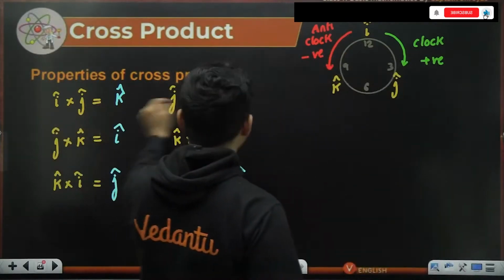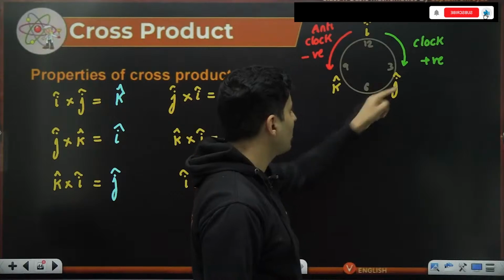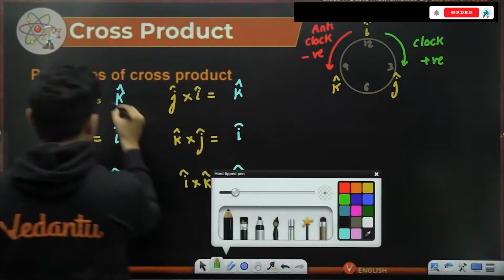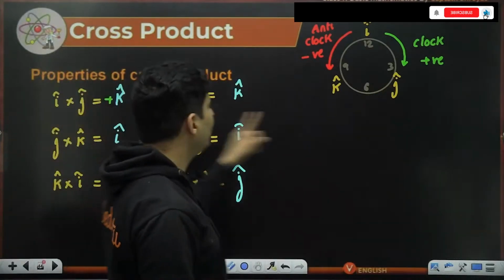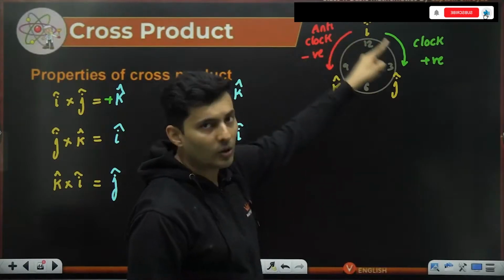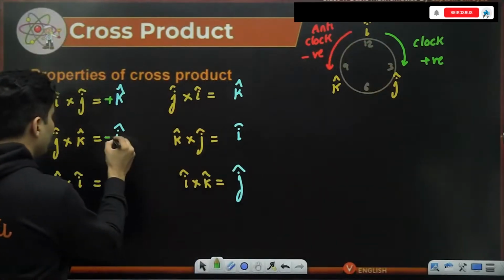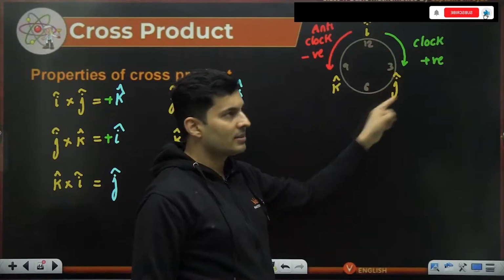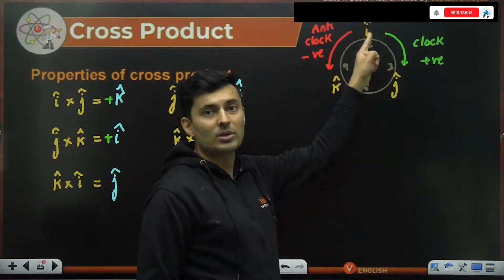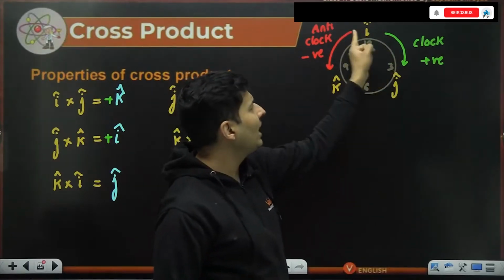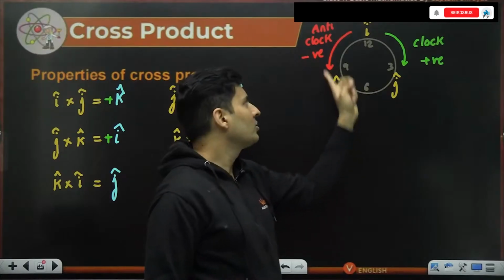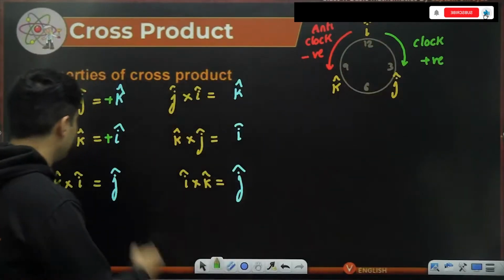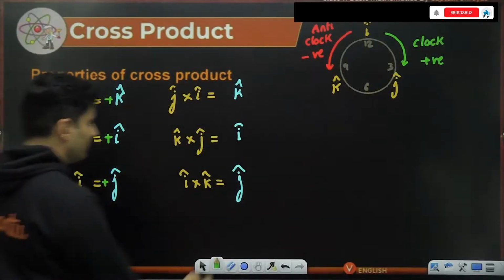For example, I into J. I into J is clockwise, so 100% it will be positive. J into K is also clockwise, so the answer will be positive. K into I: from K I'm going to I. Go closest. Don't say, sir, K to I can go like this also. No, go closest. So K into I, I'm going clockwise, so that is also positive.